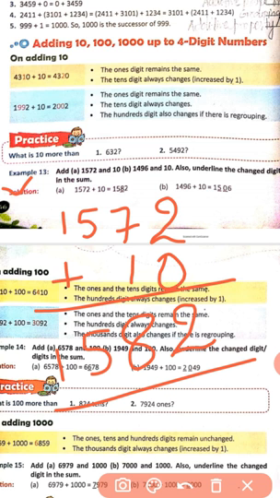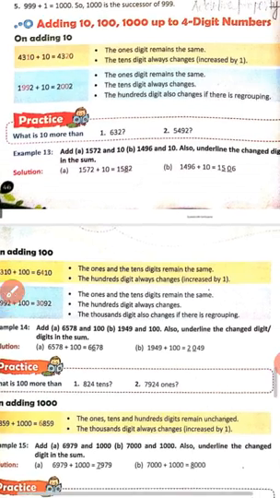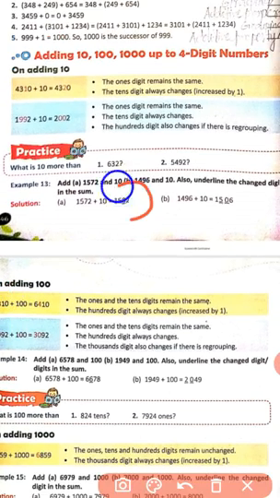What we see here: the ones place digit remains the same and the tens place digit changes, and the hundreds and thousands place digits stay as they are. One more thing: we also have to underline the changed digit. Here the changed digit is 8, so underline the 8.